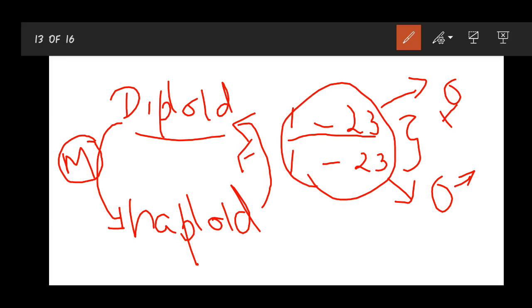Half means it will have 23 chromosomes. 23 is one set, and that is called haploidy. So the process called meiosis ensures the haploid life stage of a diploid organism.